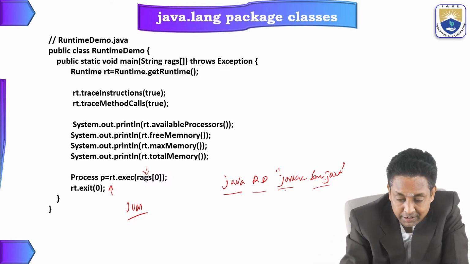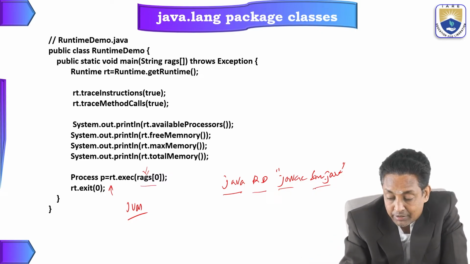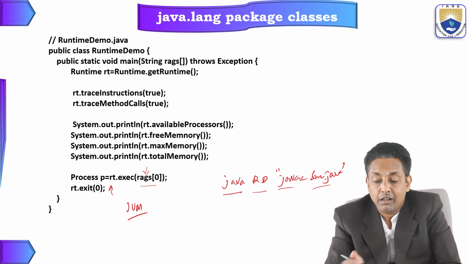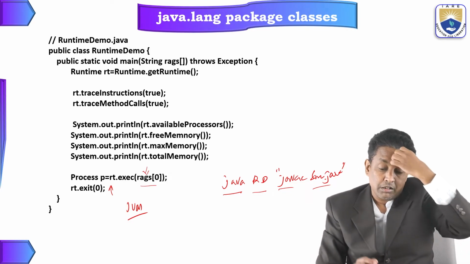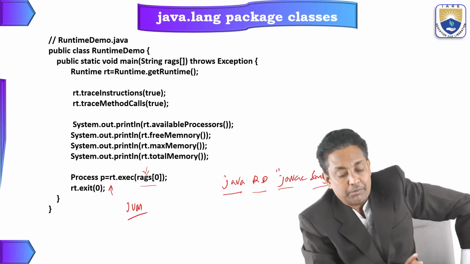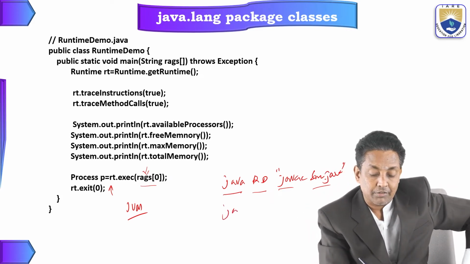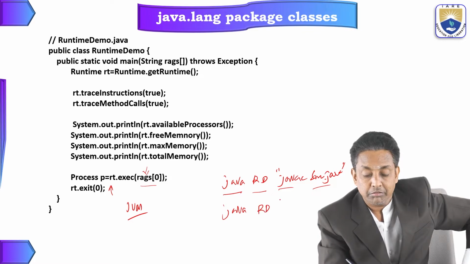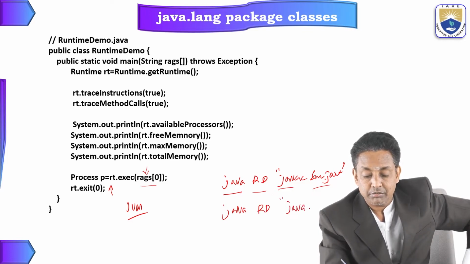To that we are passing input as a command line argument: javac some file name .java. The given Java program will be compiled. Similarly, you can run also java with double quotation marks.